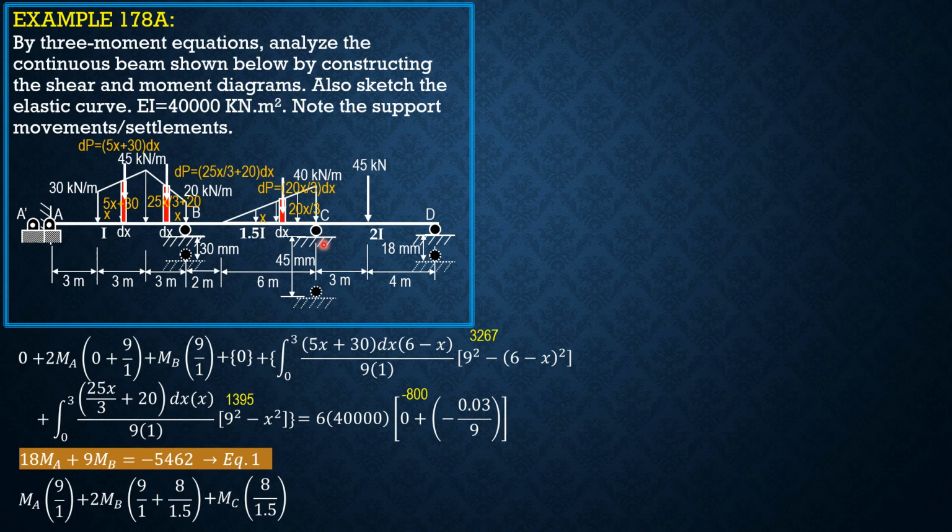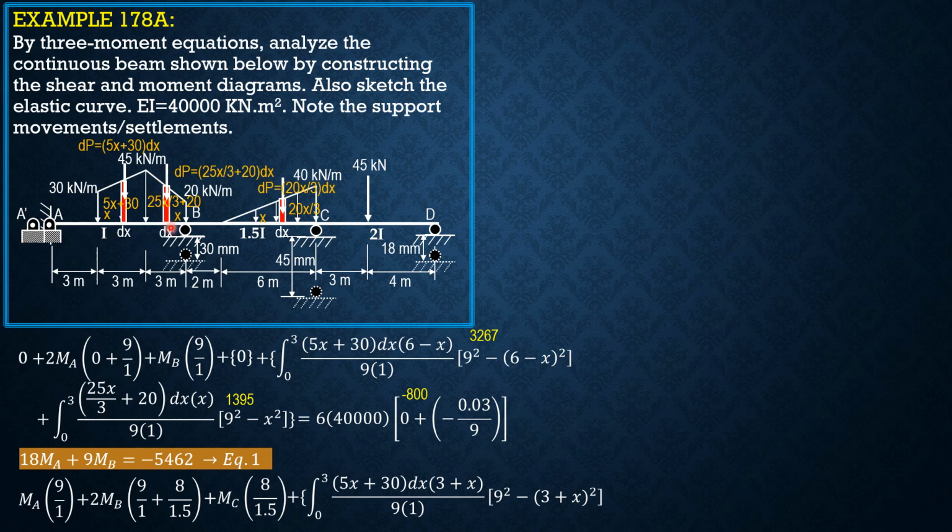Then the value of 6 area 1A over I1L1, there are two integrals. We have integral of 5x plus 30 dx from 0 to 3 times 3 plus x over L9 times 1, quantity 9 square minus 3 plus x square.